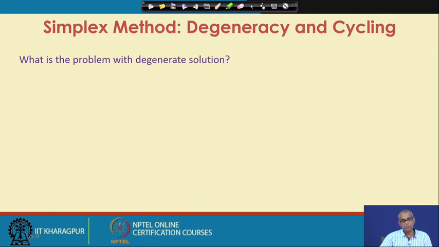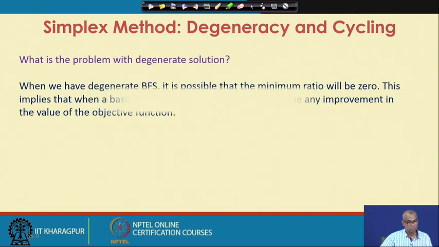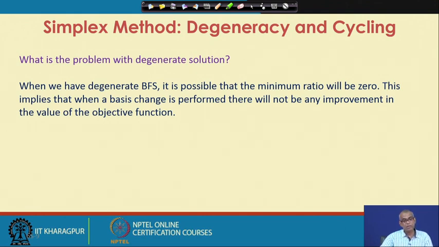So, what is the problem with degenerate solutions? When we have a degenerate basic feasible solution, it is possible that the minimum ratio will be 0.